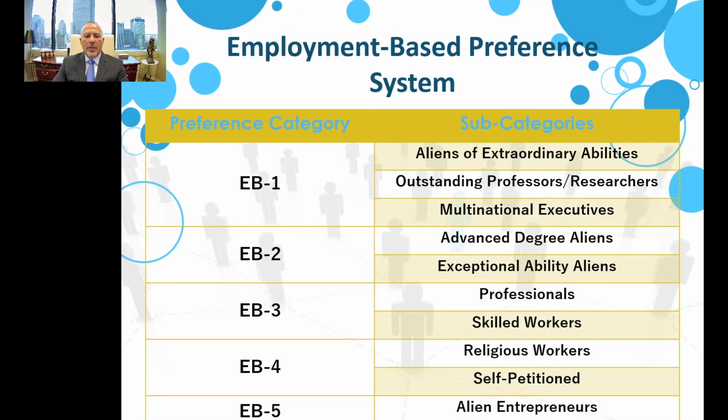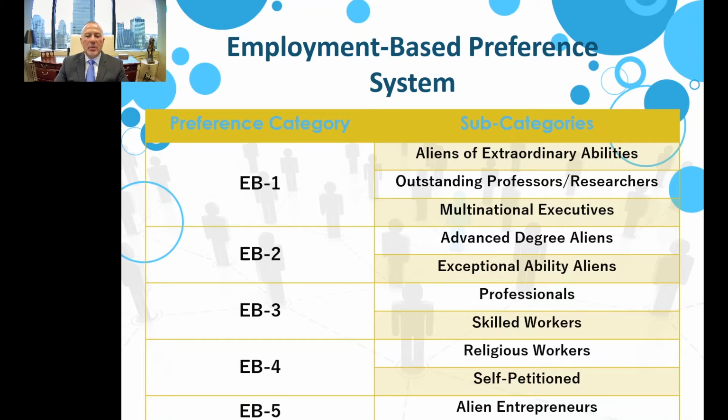First of all, we have to remember that PERM labor certification applications are a piece of the employment-based process, so it is the immigration that is concerned with employment. More specifically, the PERM application only applies to EB2 and EB3 preference petitions.